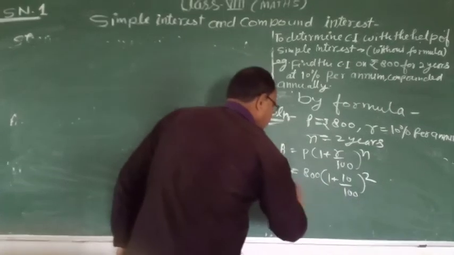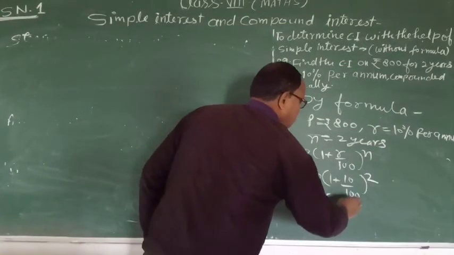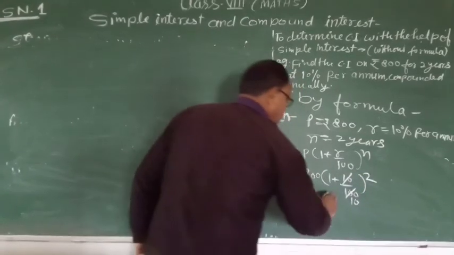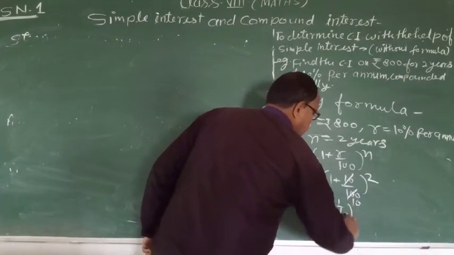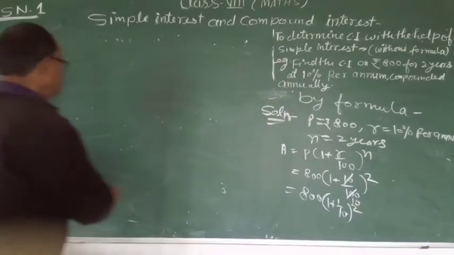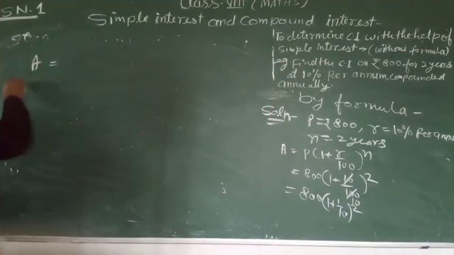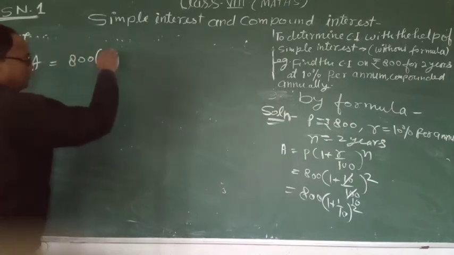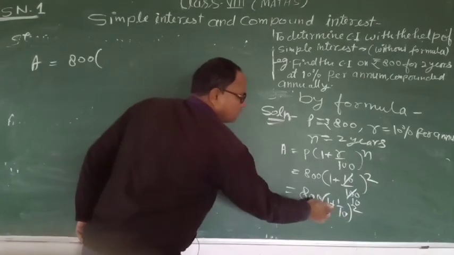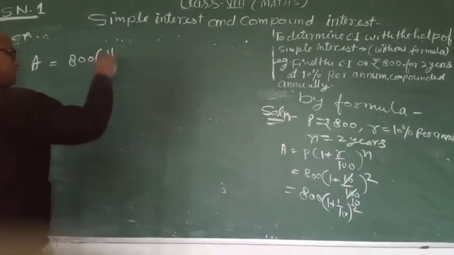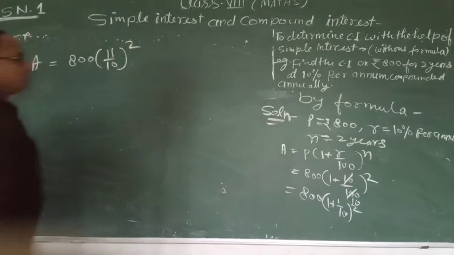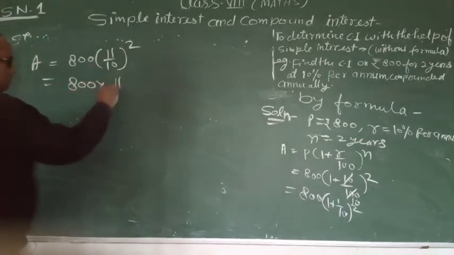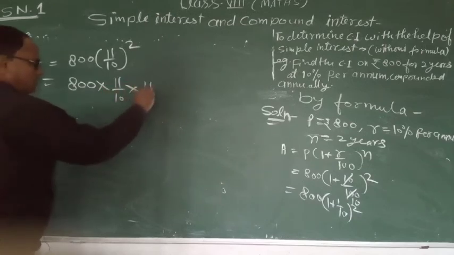Okay, 800, 10 cancel of 10. We get 1 plus 1 by 10 to the power 2. Okay, and here write A is equal to 800 into here 10 plus 1, 11 by 10. We get 11 by 10 to the power 2.